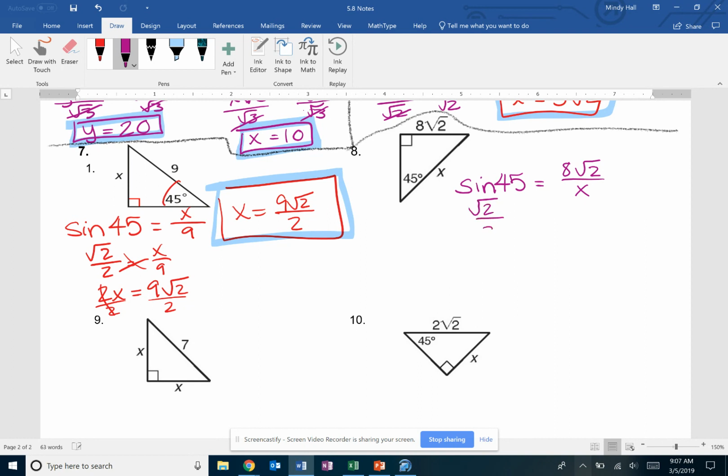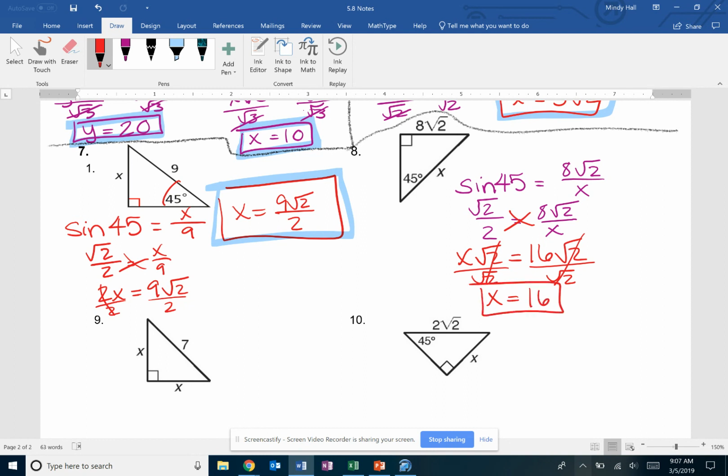Sine of 45 is the square root 2 over 2. So when we cross multiply, I have x square root 2, 2 times 8 is 16 square root 2. So we will divide by the square root of 2 to get it away from the x. And yay, they cancel each other out, and x is just 16. So that one works real nice.